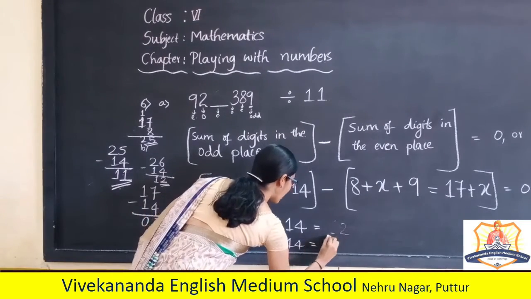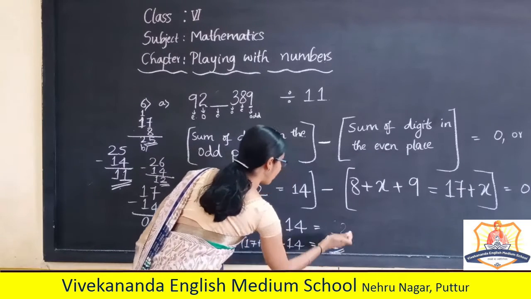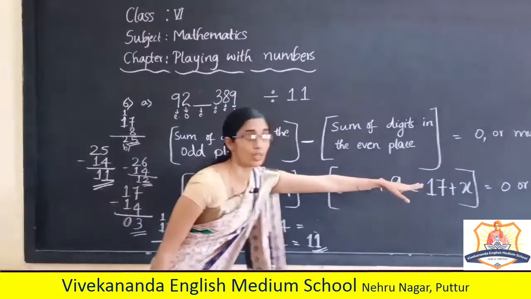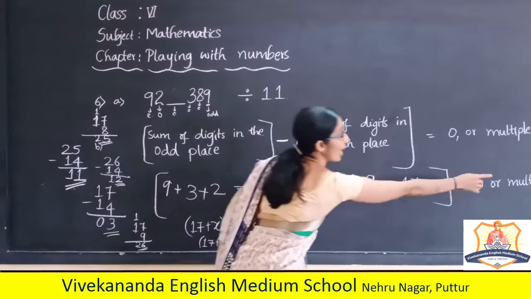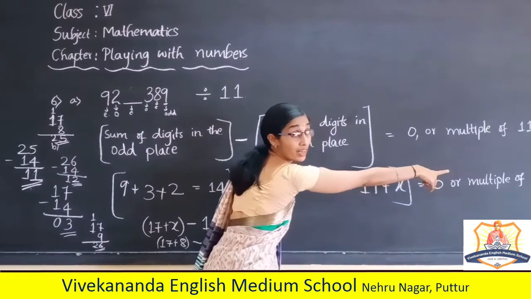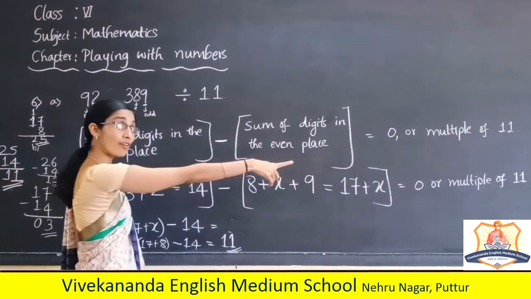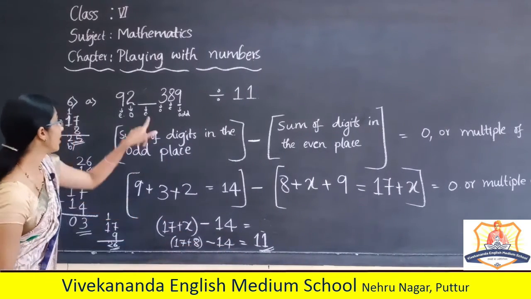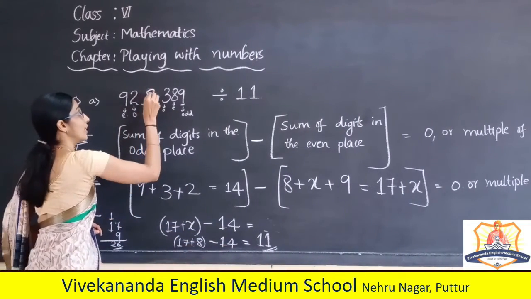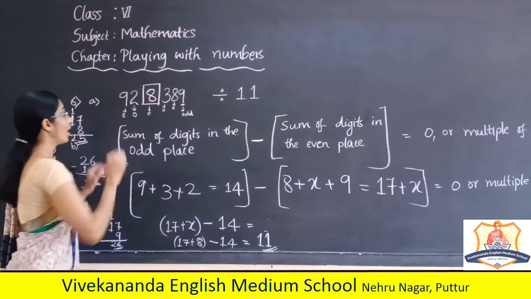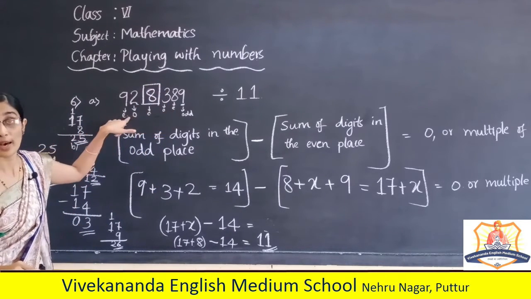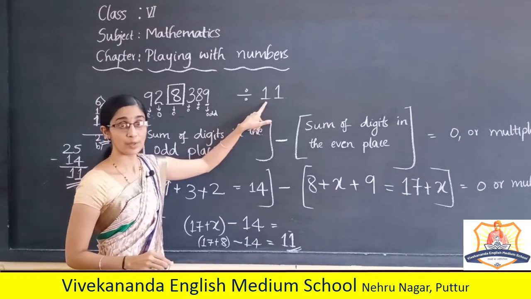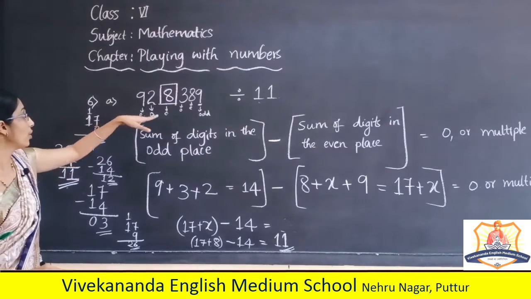So here I am getting 11. So this satisfies our rule. We are getting 11, a multiple of 11, that is 11 is the multiple of that number itself. So here if I write the digit 8, then this whole number is divisible by 11. Understood? This is the method to do this.